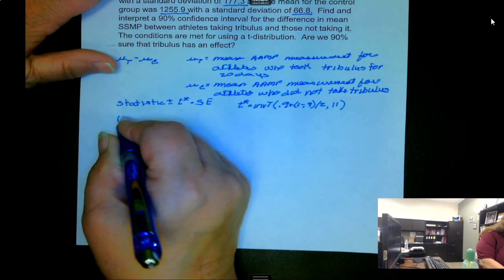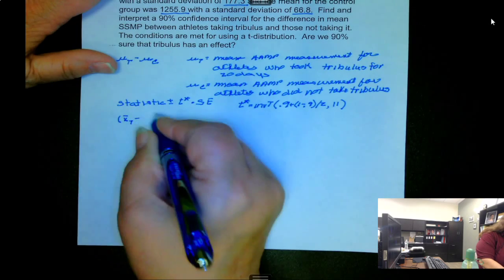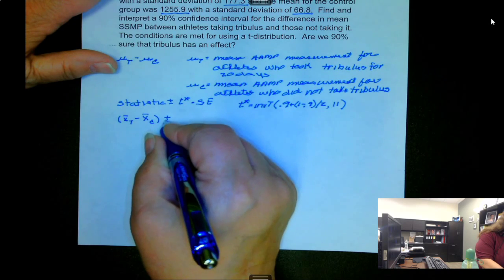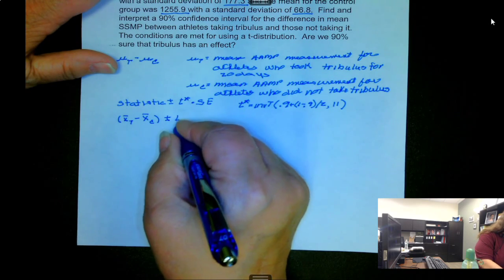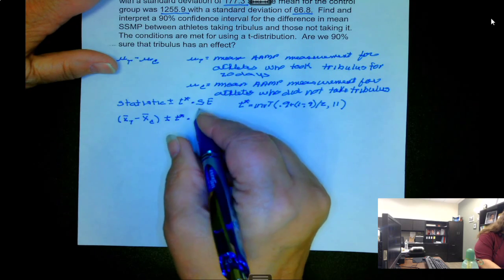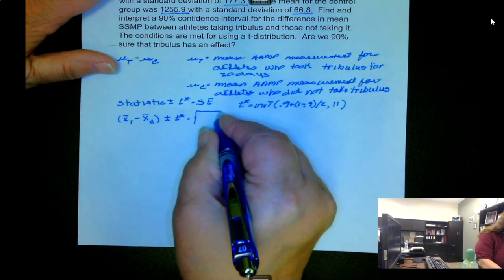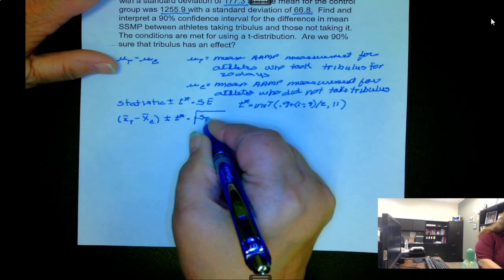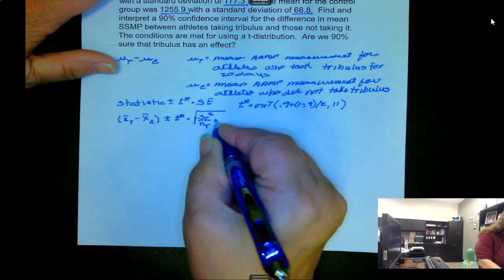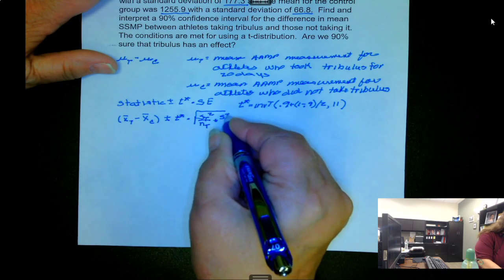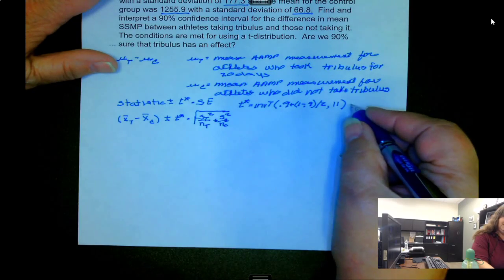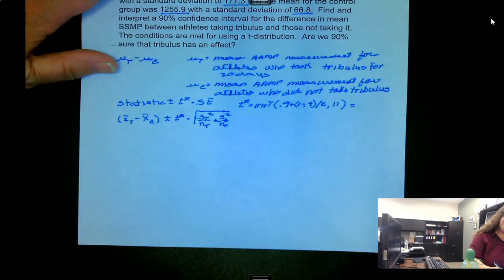So then we have x bar sub t minus x bar sub c plus or minus t star times the square root of s sub t squared over n sub t plus s sub c squared over n sub c.